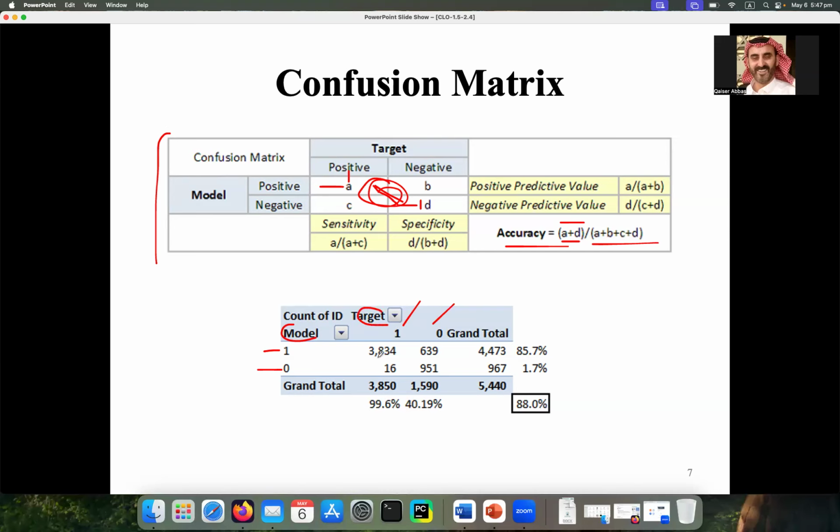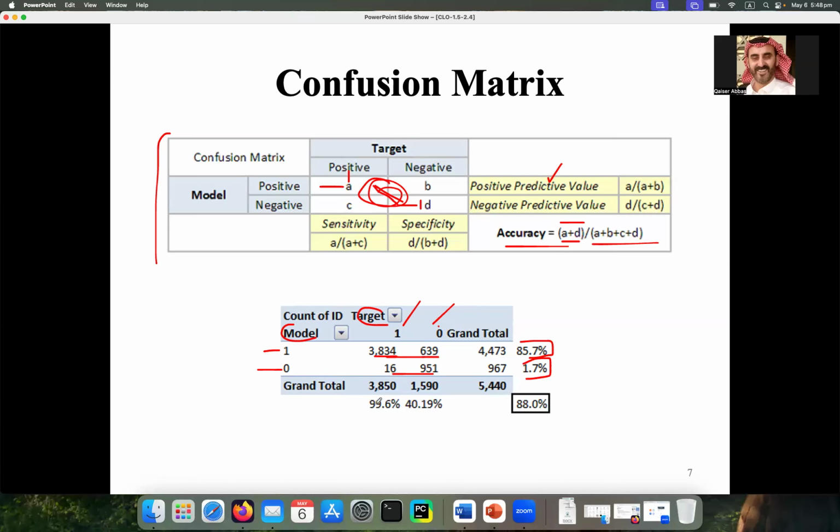Now the values are these responses: 3,834 times your model predicted this class, and 639 times your model predicted class 0 as 1. This is what the data means. And then this row is called positive predicted value or precision, which you are seeing here. Similarly, this row is negative predicted value.